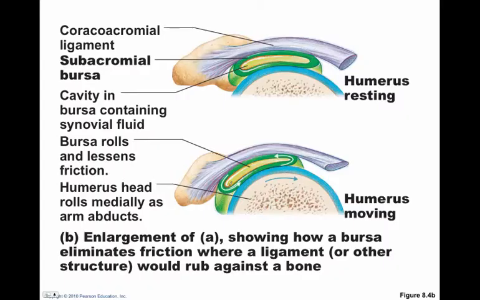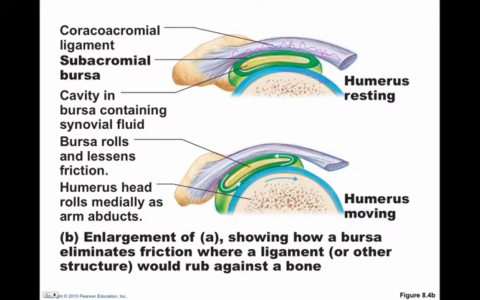Where we see these are in relationships where, say we have the humerus positioned here, it has hyaline cartilage on the outside of it, and then we see this bursa in this area here that has a ligament spanning over the top of it.